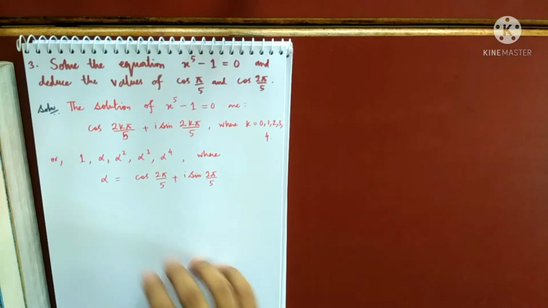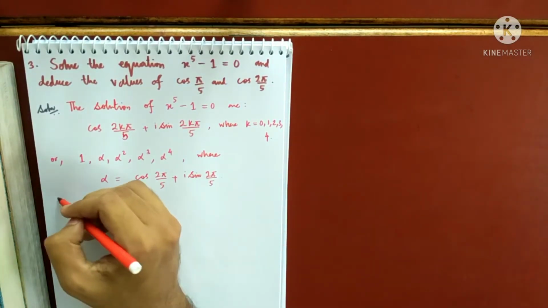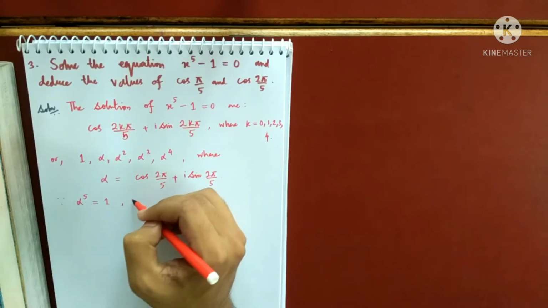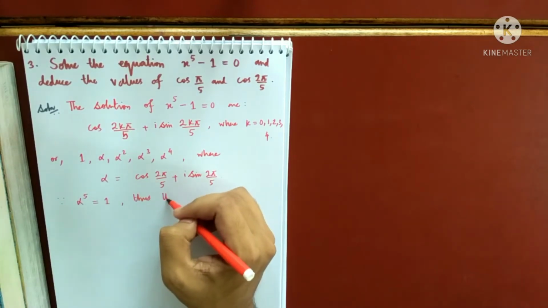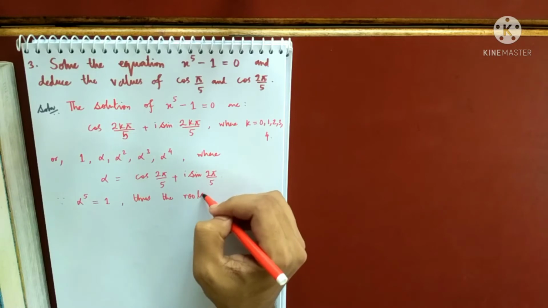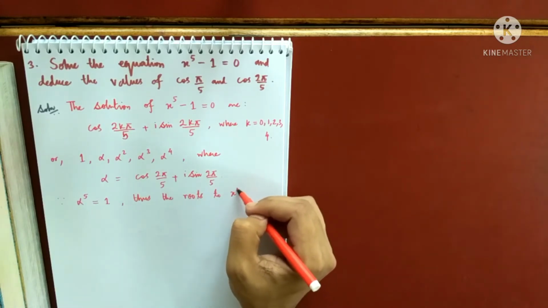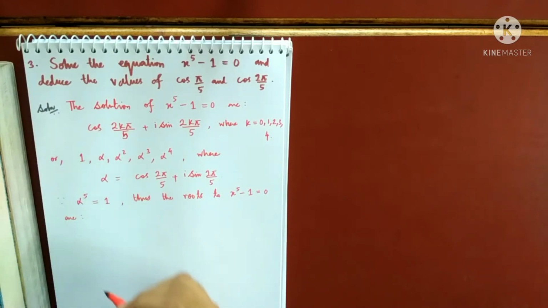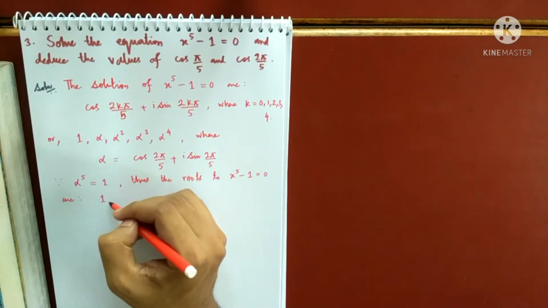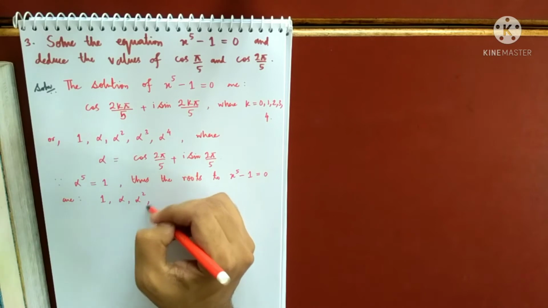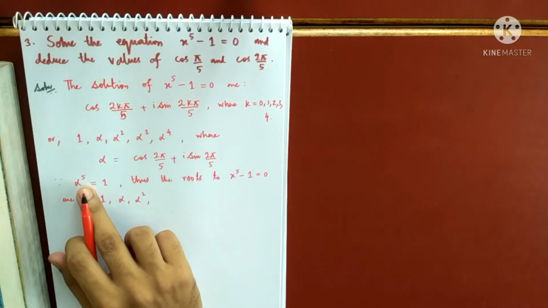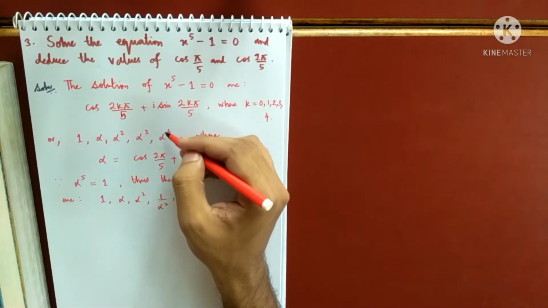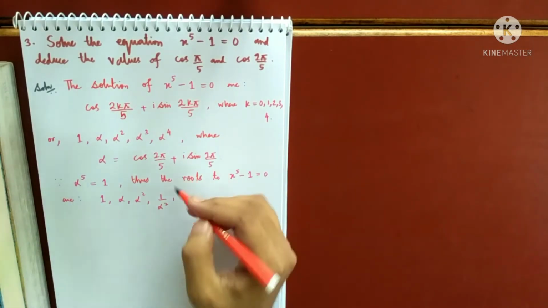Or one more step can be simplified. Since alpha to the power 5 equals 1, the roots of x to the power 5 minus 1 equals 0 can be simplified more: 1, alpha, alpha square, alpha cube can be written as 1 by alpha square, and alpha to the power 4 can be written as 1 by alpha.